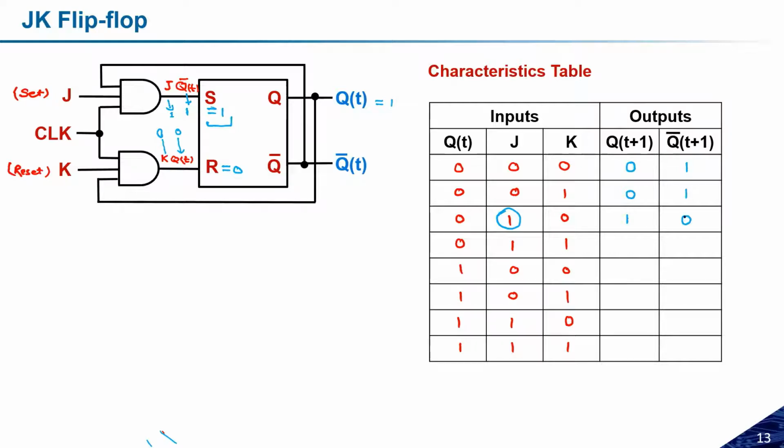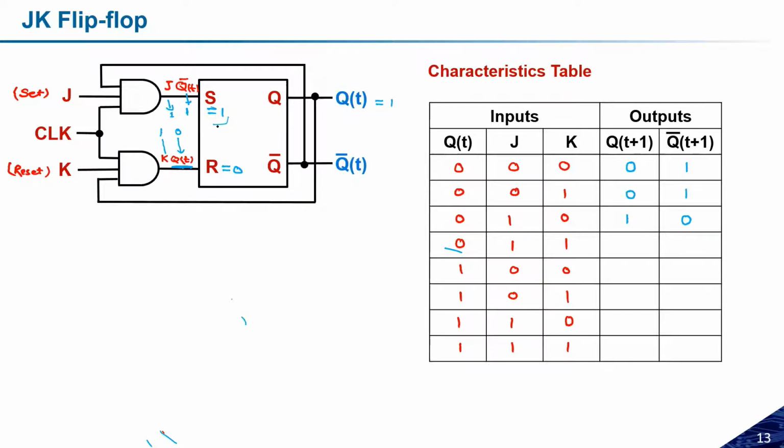Now let's talk about the fourth case, where we have provided qt equal to 0, so the qt complement will become 1. Here 1 into 0 is going to give r equal to 0, and because j is equal to 1 and qt bar is equal to 1, 1 into 1 gives logic output 1.